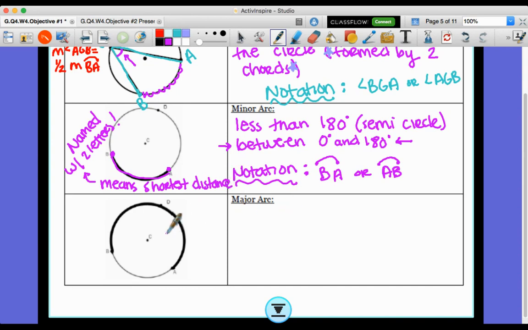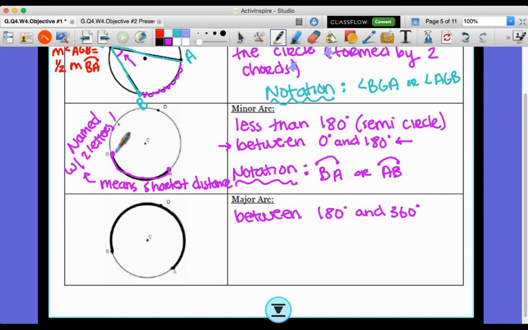So what about a major arc? A major arc is going to be the longer distance around, right? So this is going to be between 180 degrees and 360 degrees. Like this is the larger arc.